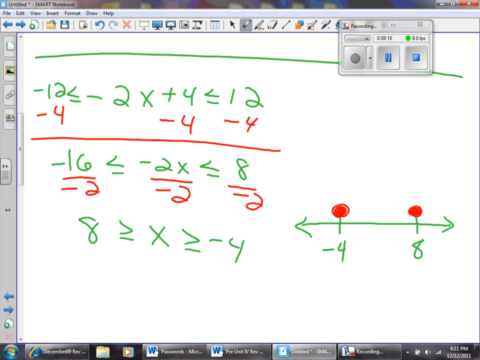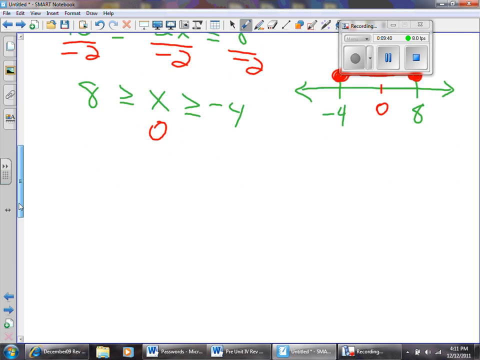And I'm going to test mine by picking a point that makes this true. I need a number that 8 is greater than, but the number I pick has to also be greater than −4. I'll pick 0. So 0 would be smack in the middle here. I'm going to shade the middle region. If I pick a point outside that middle area, I'll get a false statement. It might be true for part of the inequality, but not for both.